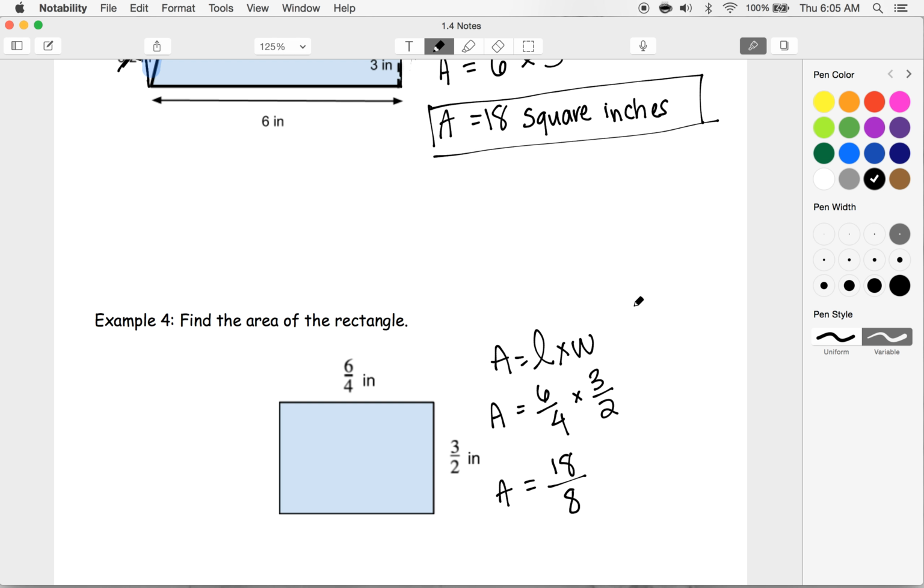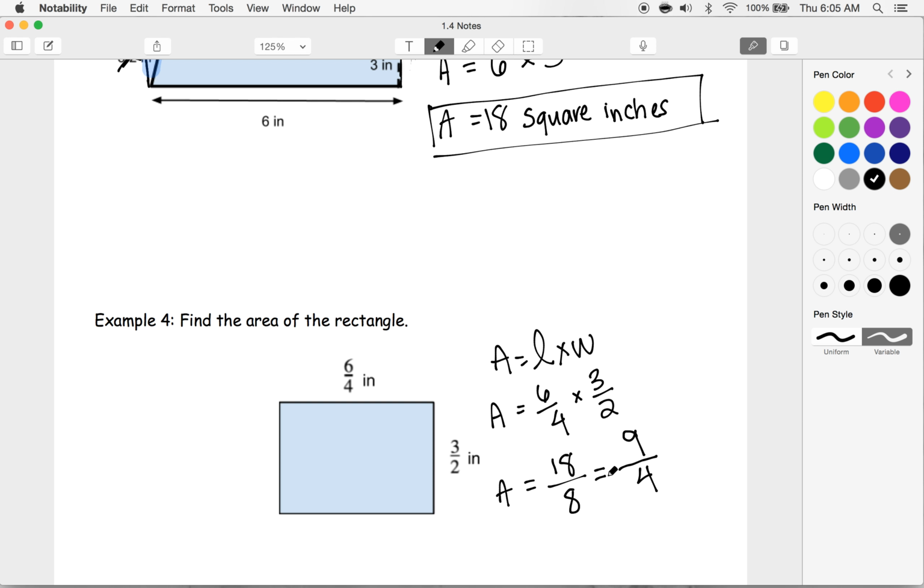Now, I know I can write an equivalent fraction to this by simplifying it. So I need to think, is there a number that can go into both 8 and 18? The answer is 2. 18 divided by 2 gives me 9. 8 divided by 2 gives me 4.